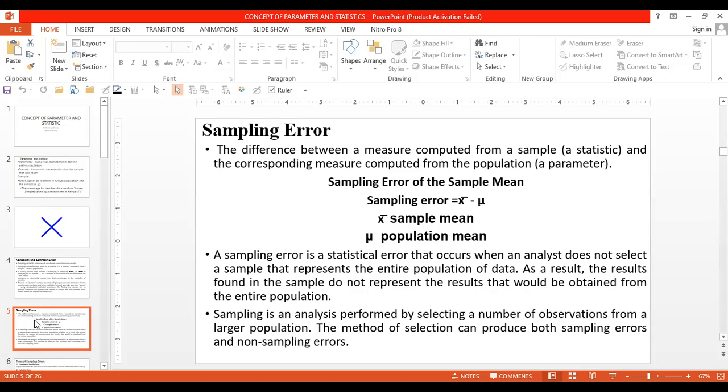Now, we will come to that one later, but I will continue by saying that a sampling error is a statistical error that occurs when an analyst does not select a sample that represents the entire population of the data. As a result, the results found in the sample do not represent the results that would be obtained from the entire population.